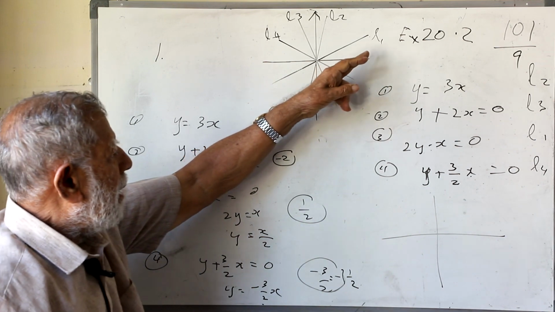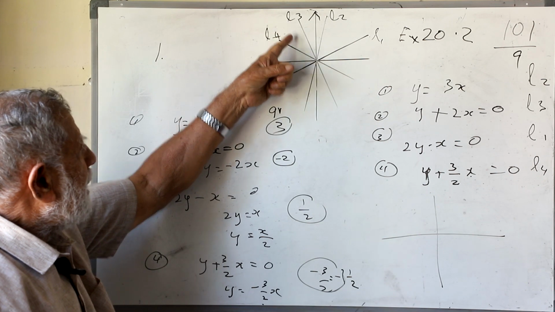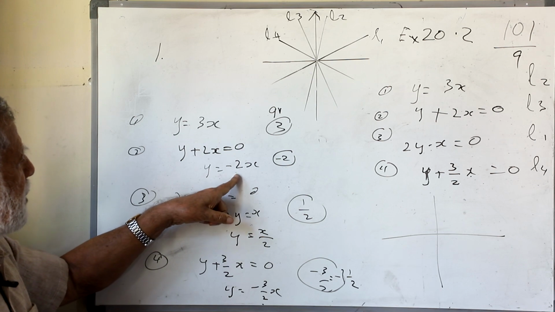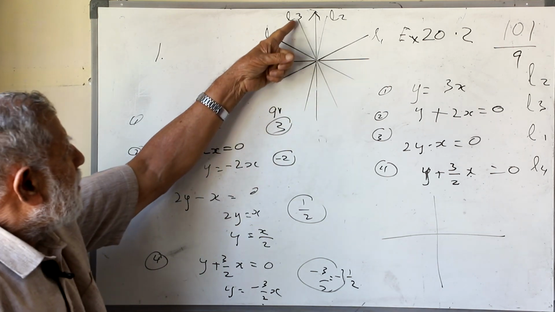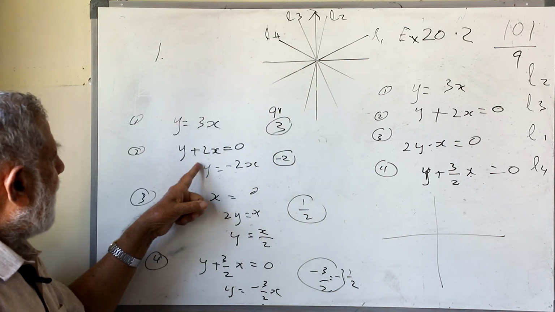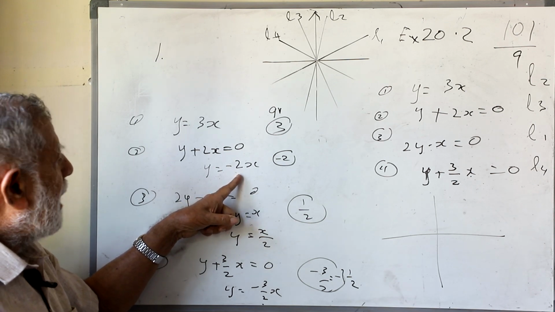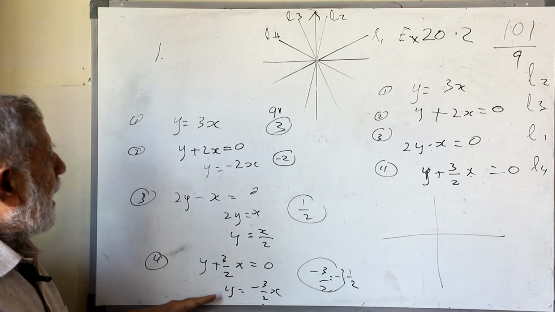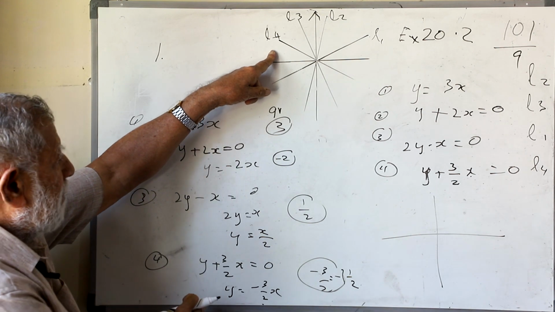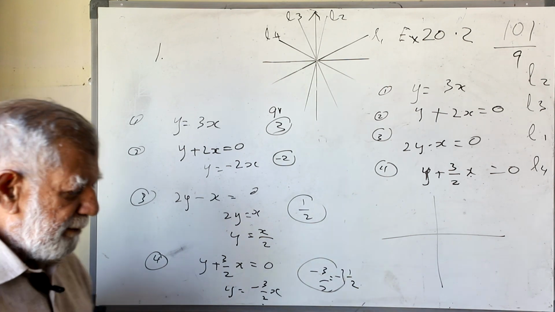Same way for the negative ones, L3 has gradient minus 2, so L3 is y plus 2x equals 0. Then the last one, minus 1.5, is L4, which is y plus 3 upon 2x equals 0. So this is the answer.